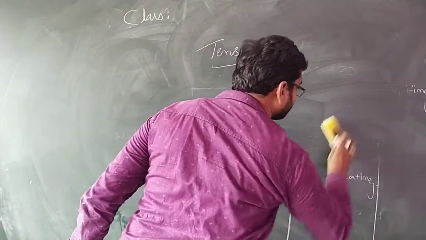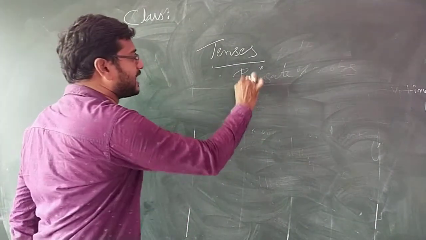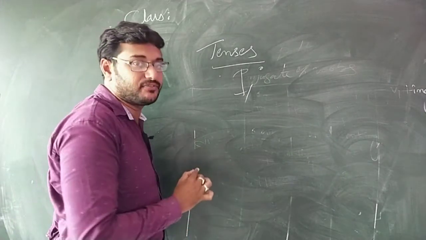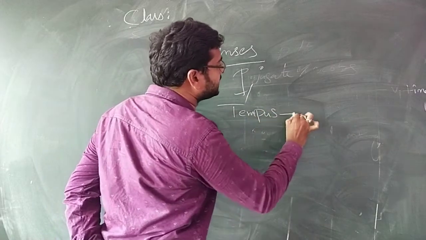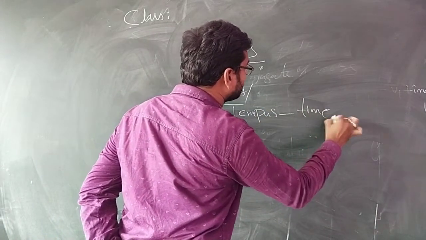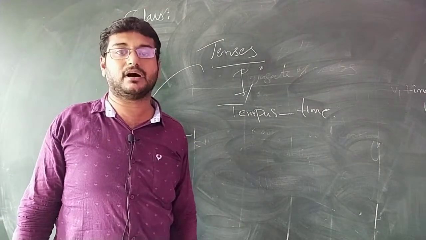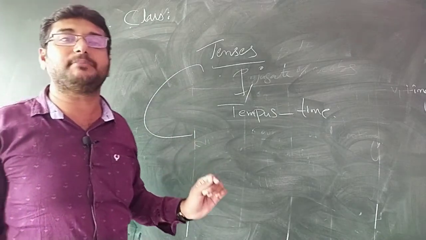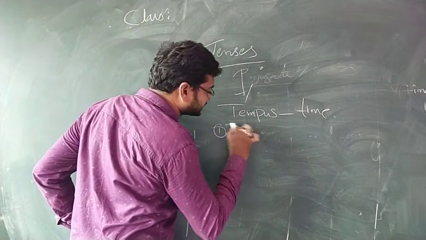Before we start the topic tenses, let us know where this word is derived from. Tense is derived from the Greek word tempus, which means time. What is the definition of tense? Tense is nothing but time or action of time. Now in English we have three types of tenses. First one, present tense.